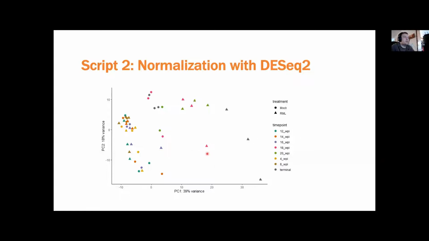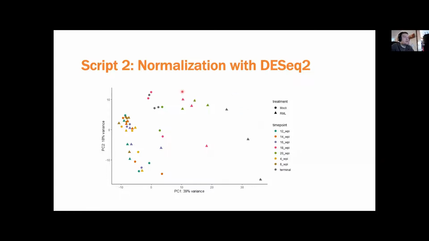When you look at this plot, we can see the mock treated samples are circles, whereas the RML prion infected samples are all triangles, and the different colors represent different time points.